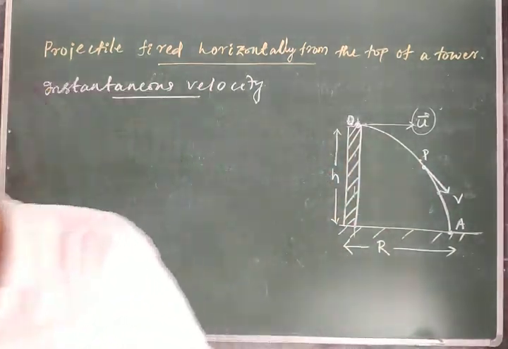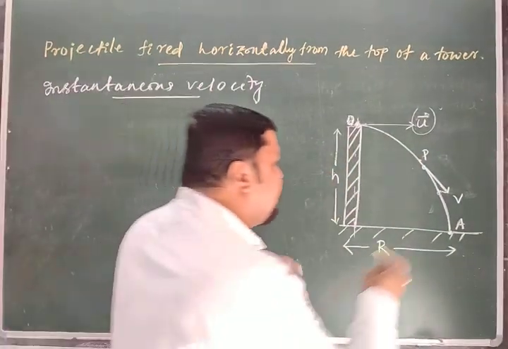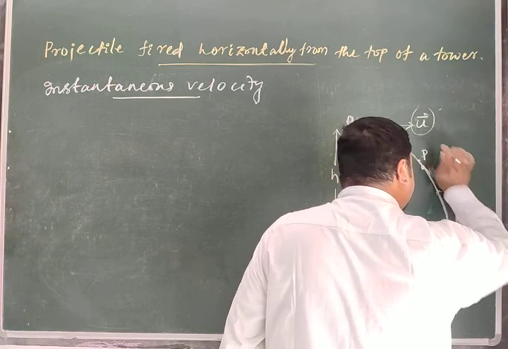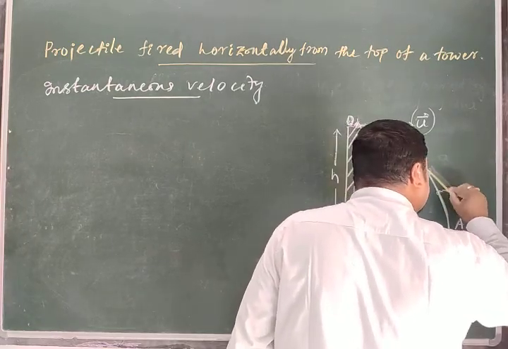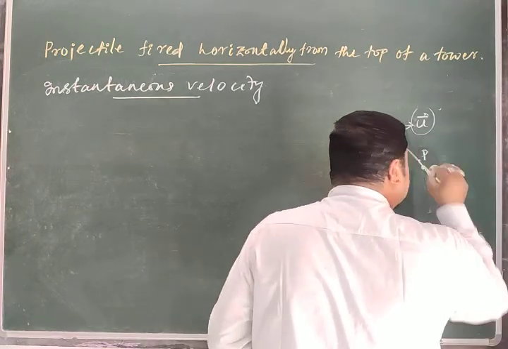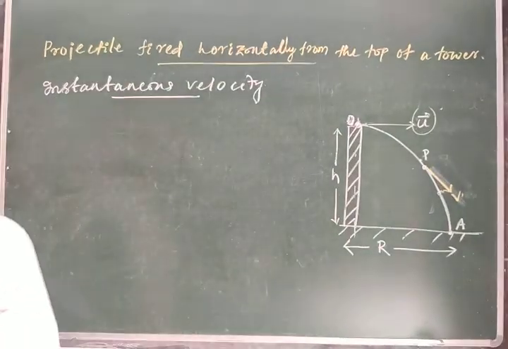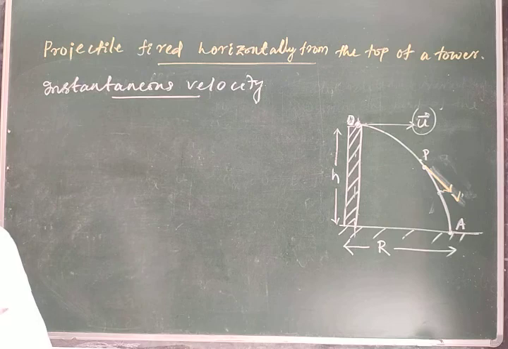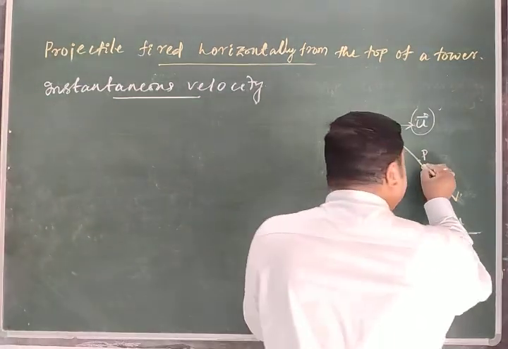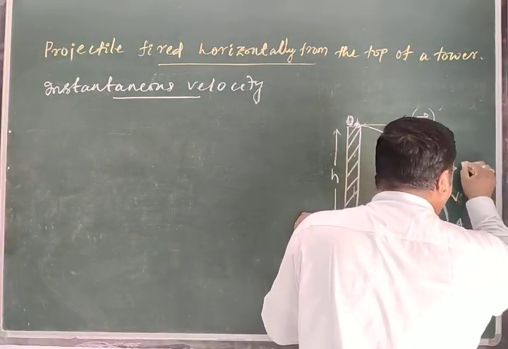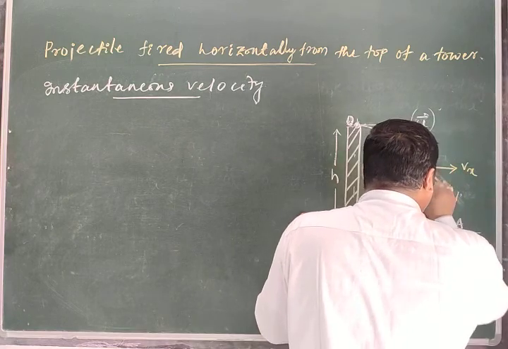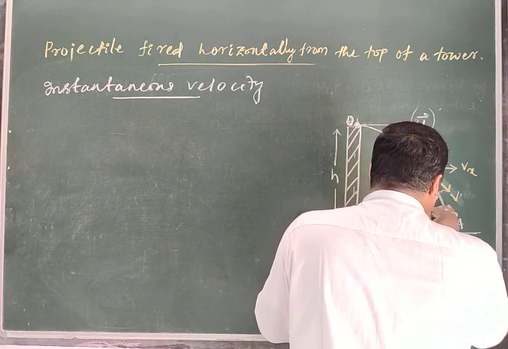This is the velocity v, which is tangential. Always we will consider this is the velocity v. To reach the point P in time t, obviously there are two components of v. One is along the x-axis, that is your vx, and the other is along the y-axis, that is your vy.